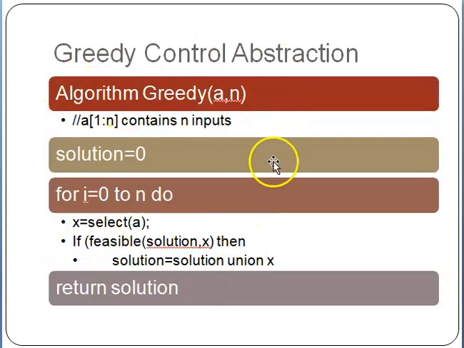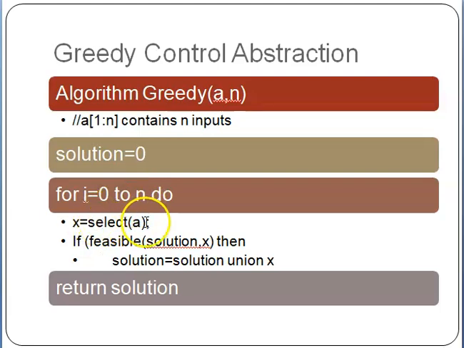Now this is the control abstraction of a greedy algorithm. Whatever problem you're going to solve, the items you're going to receive are in the array A, and n is the number of inputs. Now initially the solution contains nothing. Then you will iterate over those n items which are there.